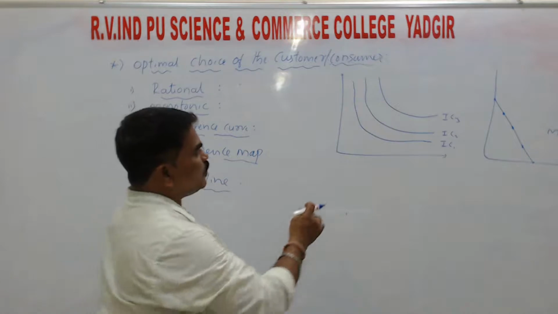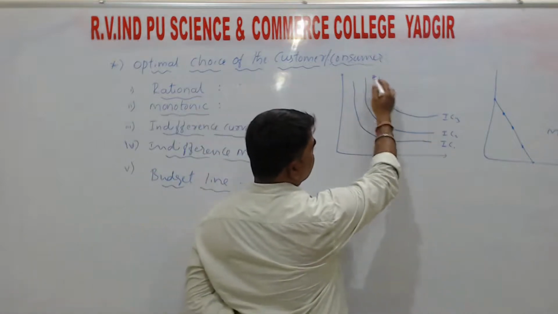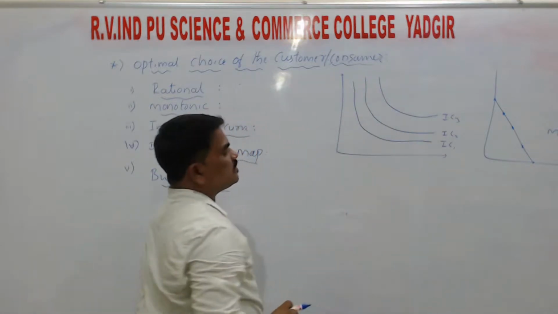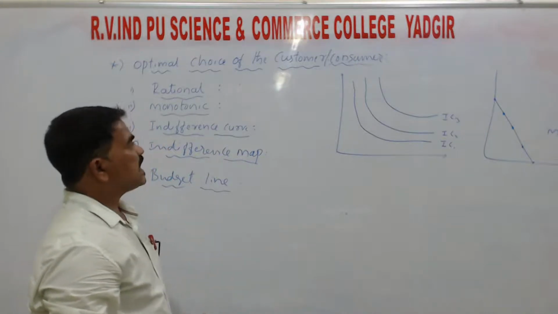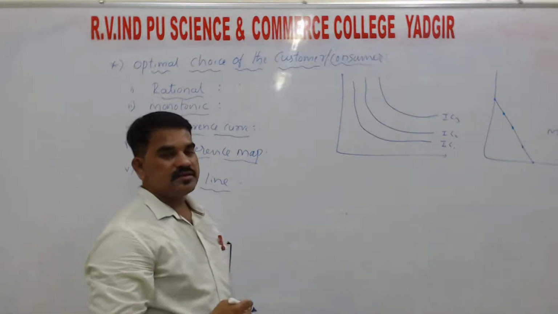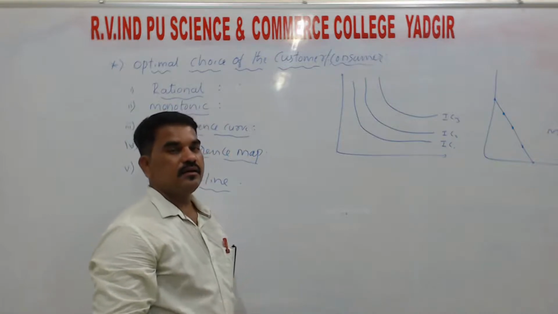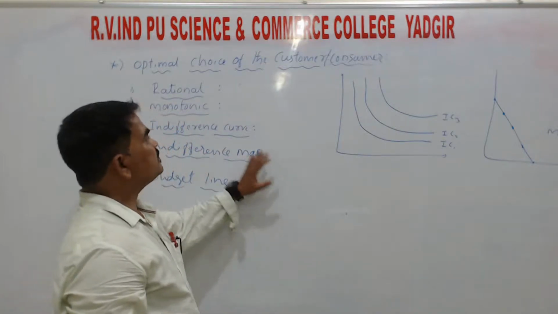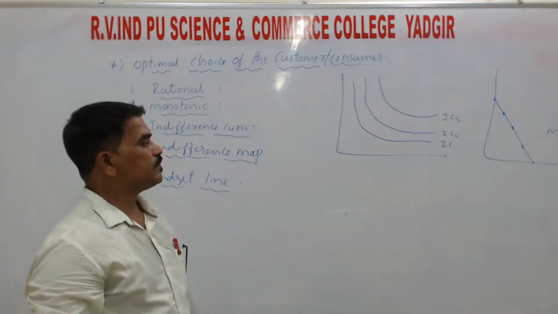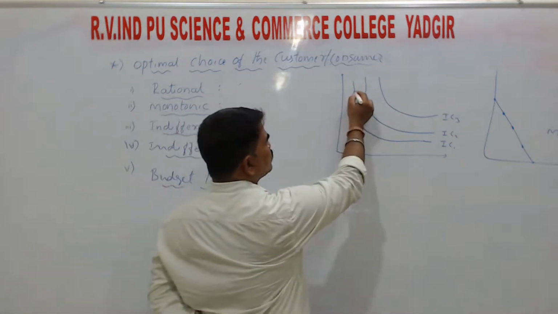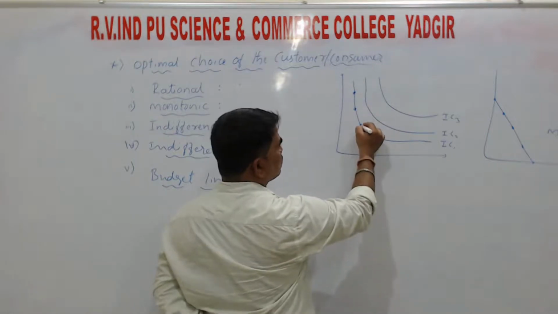Now when you have these many bundles, which one is the best? Which gives him maximum satisfaction? Which is his optimal choice? Which one does he have to select? As we know, we have so many bundles here.